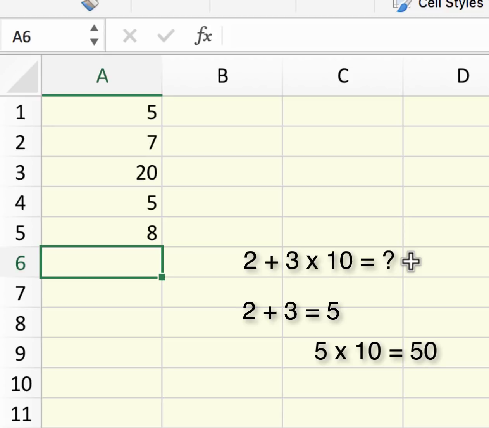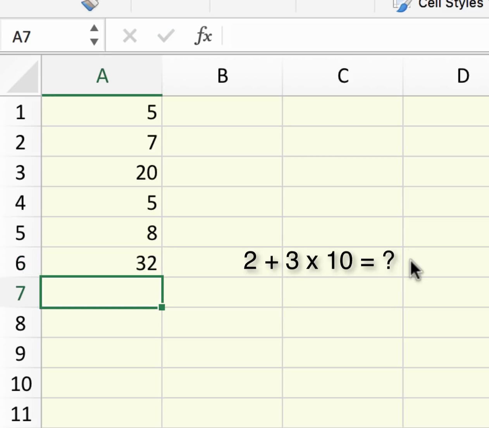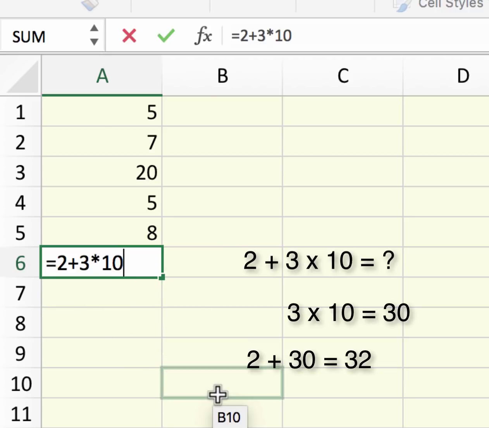But if you do it in the spreadsheet, equals 2 plus 3 times 10, you get 32. Oh, that means it's using order of operations. This rule says that unless you have parentheses, do the multiplication first and then do the addition. So 3 times 10 is 30, and add 2 to that, you get 32.